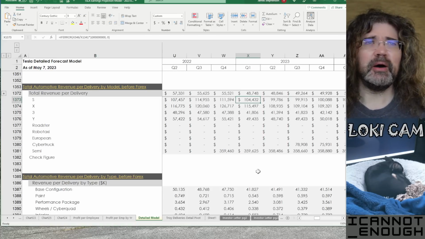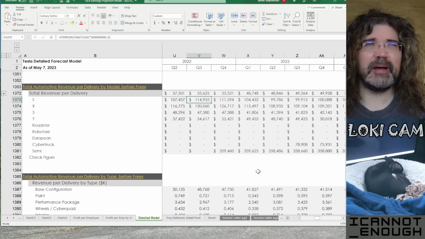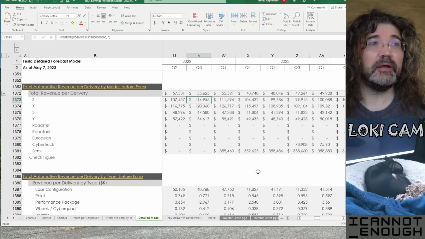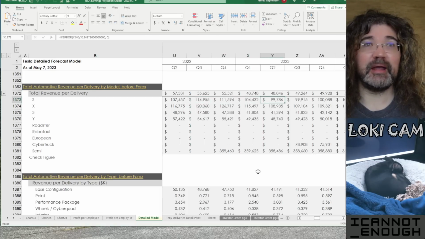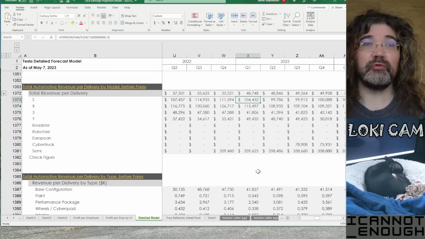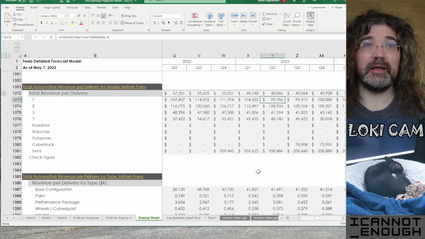So what's going on here over time? Well, the Model S peaked, it looks like in about Q3, nearly $115,000 per vehicle is what people were spending on Model S. That number has been coming down. I've got it coming down another $5,000 this quarter in Q2 versus Q1, so a sequential decline.